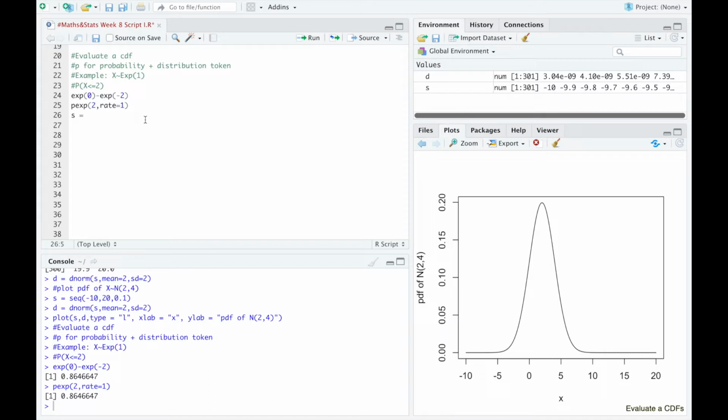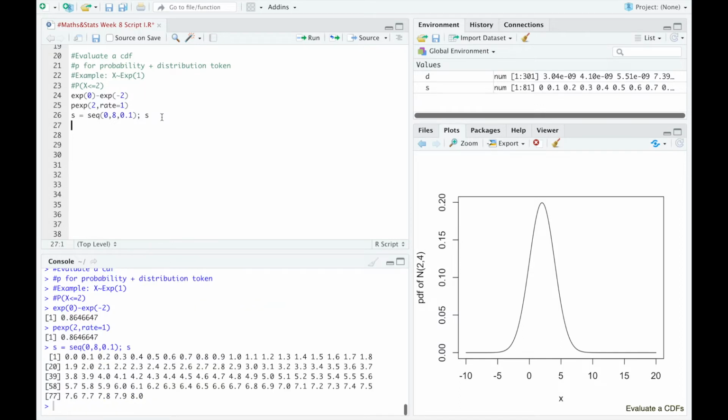So, for example, if I define S as the sequence from 0 to 8 with the increment 0.1. If you use this semicolon, and then you rewrite the name of this vector, on top of defining the vector, you will have it displayed in the console. So let's check this. Great. So I've defined the vector S, and S is 0, 0.1, 0.2, up to 8.